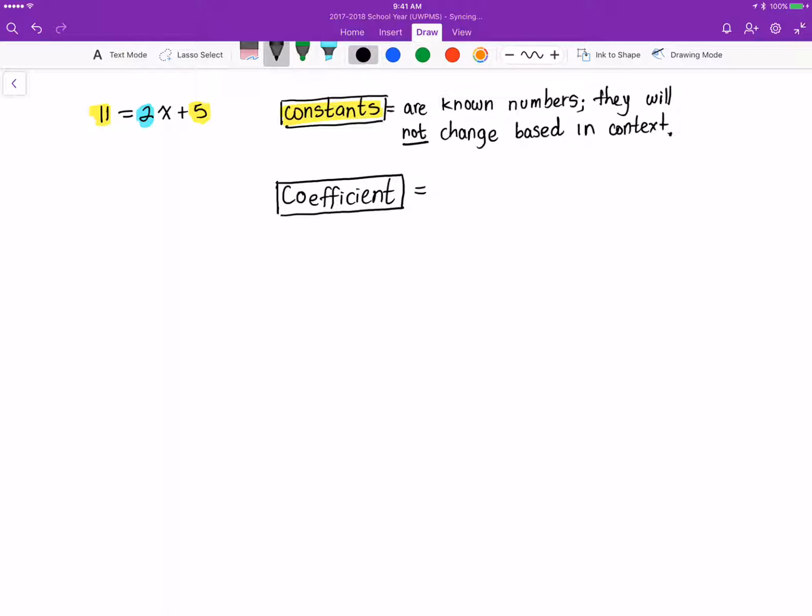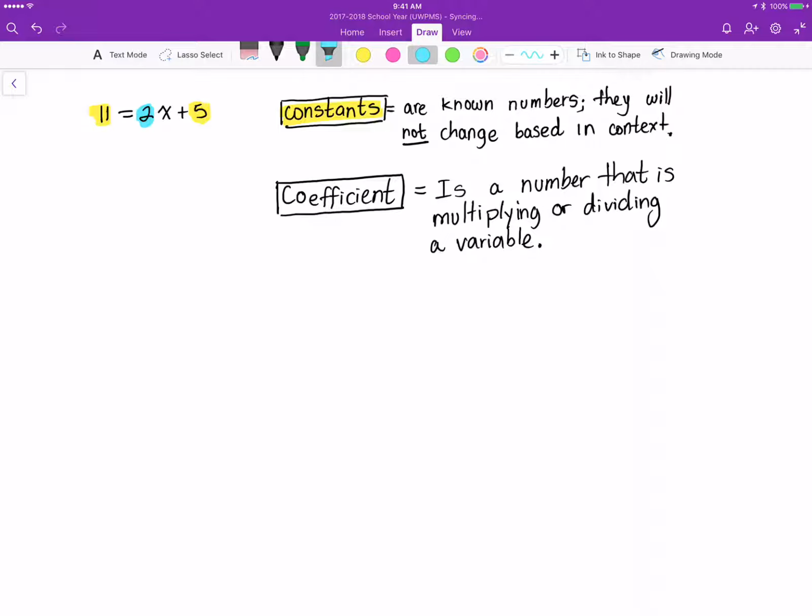And the coefficient is a number that is multiplying or dividing a variable. So that is a coefficient.